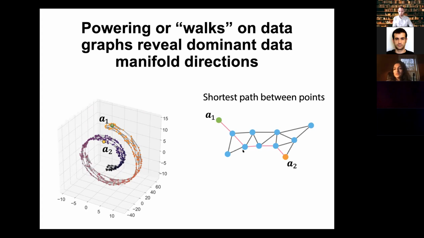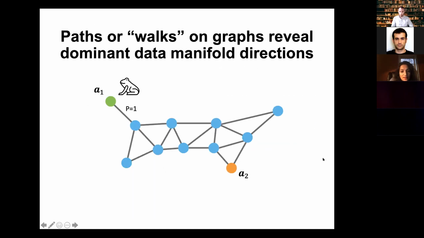So this is just once again emphasizing that powering or walking more than one step on the data reveals dominant data manifold directions. So let's say you have 2 points A1 and A2 like this. Let's look at what the probabilities would be. Usually you have self probabilities, but we're looking at random walks where there are no self probabilities. This is called a non-lazy random walk, but you can look at a lazy random walk as well.